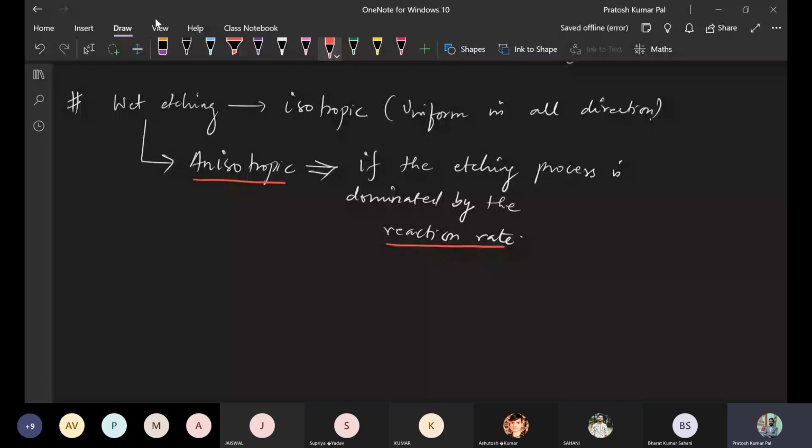So here, in case of wet etching, we will see the example of silicon. Basically, we will see silicon etching using wet etching.